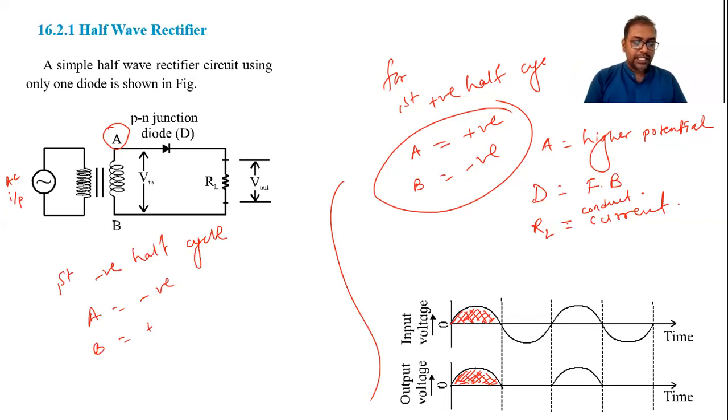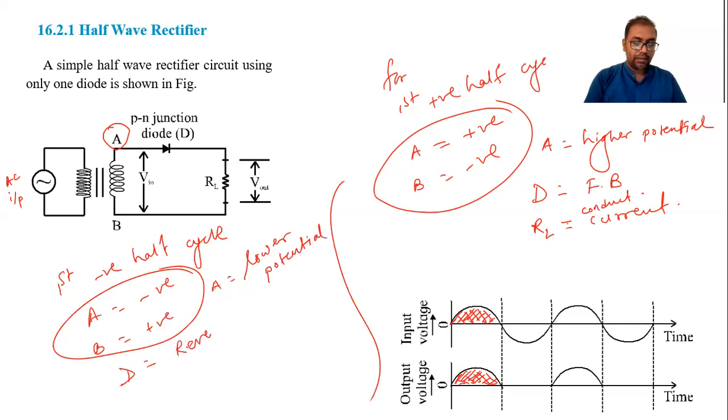Or we can say that A is at lower potential with respect to B. It means that diode D is in reverse bias, and there is no current through the load resistance. The diode does not conduct. So this is the working.